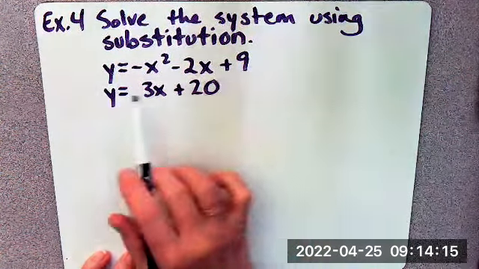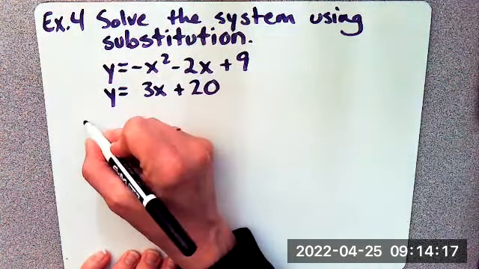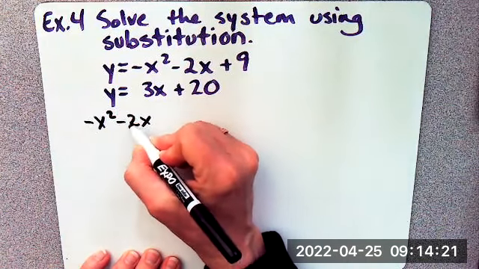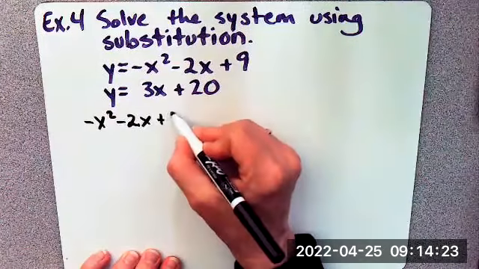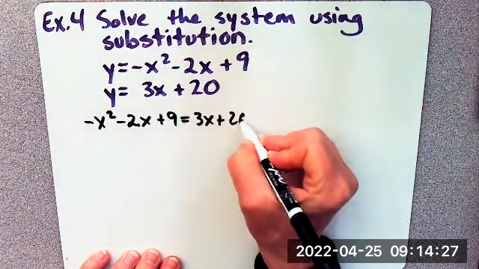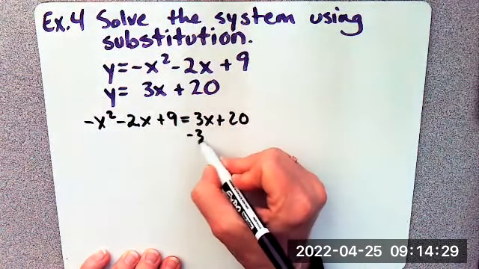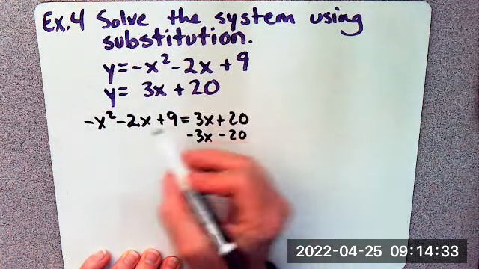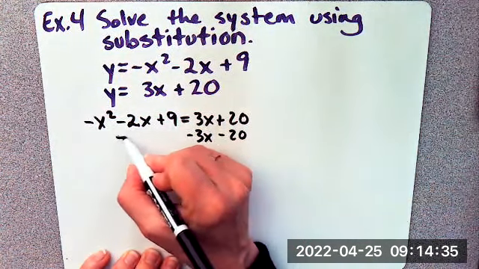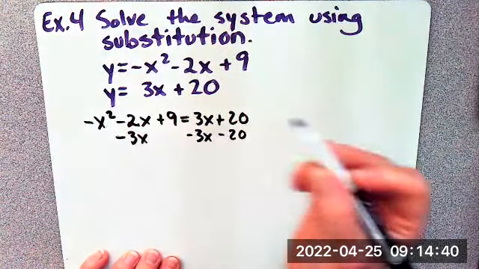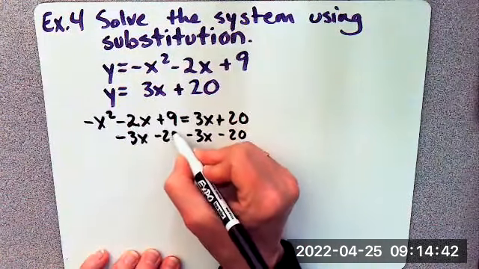So since they both equal y, we can say negative x squared minus 2x plus 9 equals 3x plus 20. So now we're going to subtract 3x and subtract 20 from both sides to move it all over here.